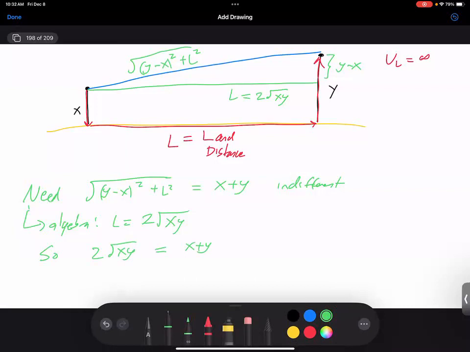Does this remind anybody of anything? This is the geometric arithmetic mean. This is another way to prove the geometric arithmetic mean by considering an infinitely fast dog fetching a stick. So we now get the square root of xy equals x plus y over 2 at the indifference point.